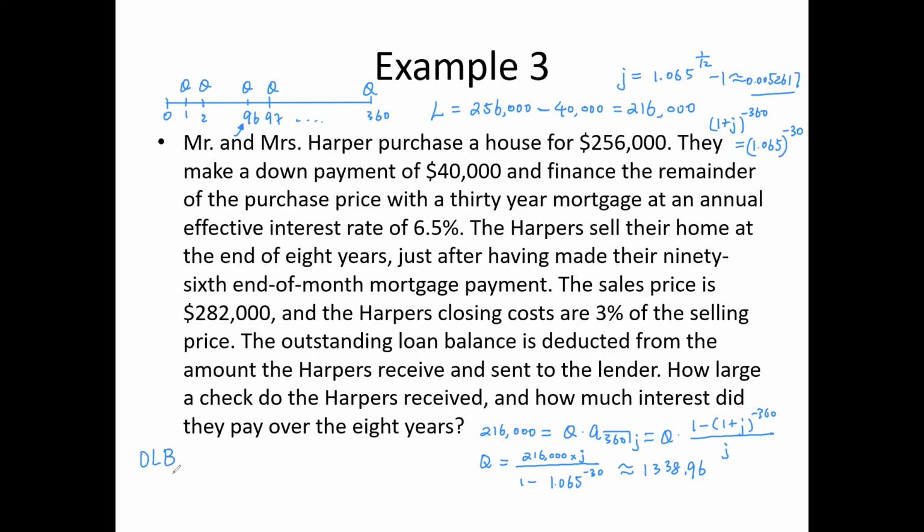OLB, balance sub 96. Because we have some round up here, the last Q will be a little bit smaller, because you round up. That means you pay a little bit more each month. And so it's probably better to use the retrospective method to get a relatively more accurate answer.